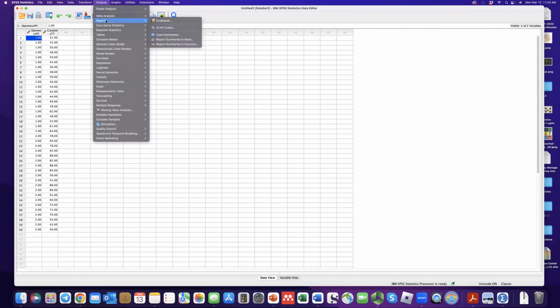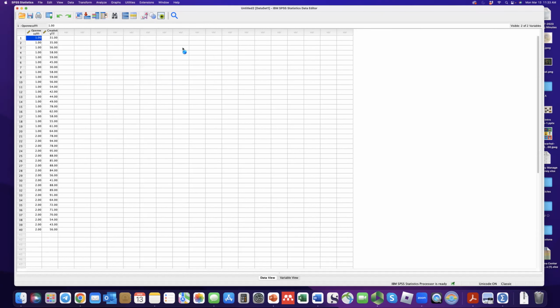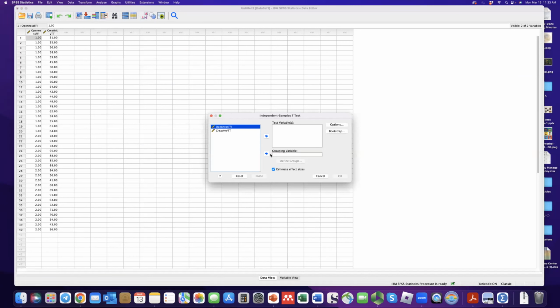So I'm going to go to analyze. We go to compare means to do an independent samples t-test. Openness is the grouping variable. And I know I've got videos on this elsewhere. So the grouping variable is the same thing as your independent variable.